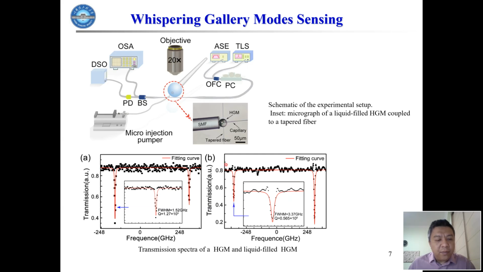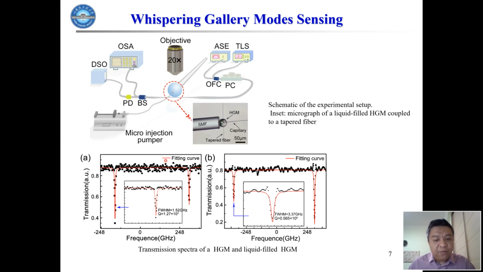The experimental setup is like this. The liquid-filled hollow microsphere is coupled to a tapered fiber. The transmission spectra were recorded.